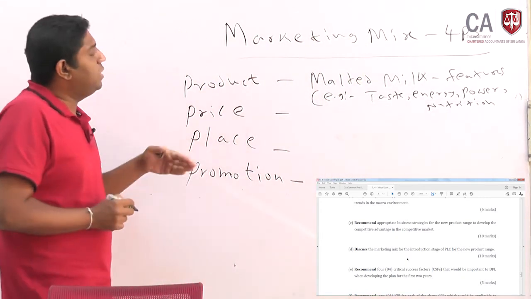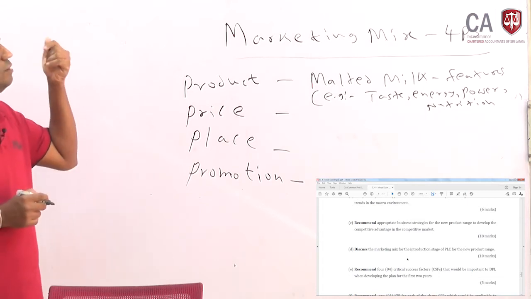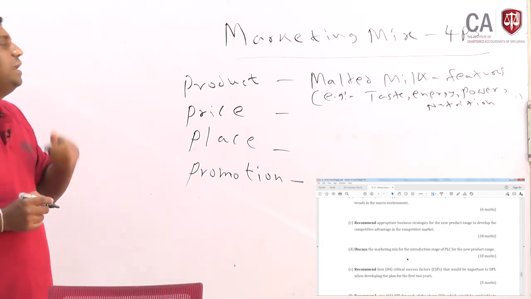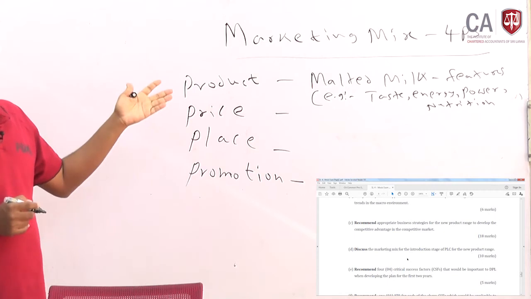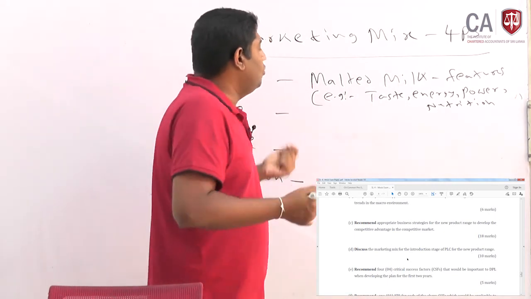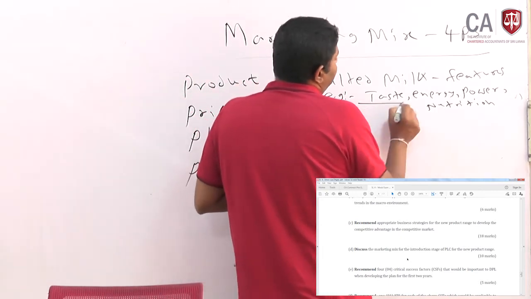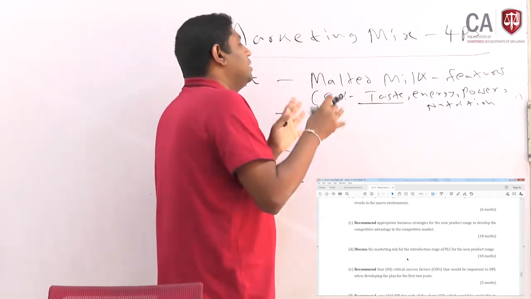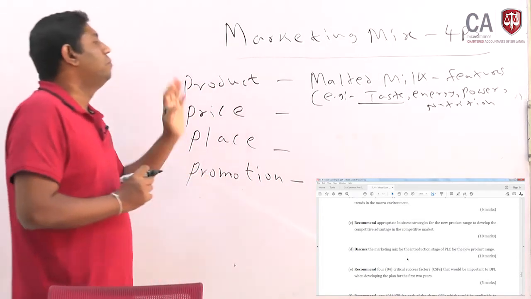So, here the main objective is to offer more high added value to the customers. Therefore, our product will include many features. You may emphasize one, for example taste may be emphasized, but others may also be included with the product.